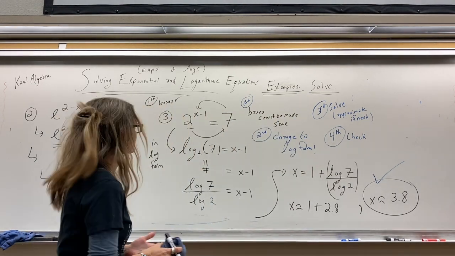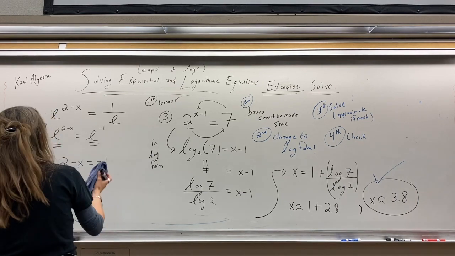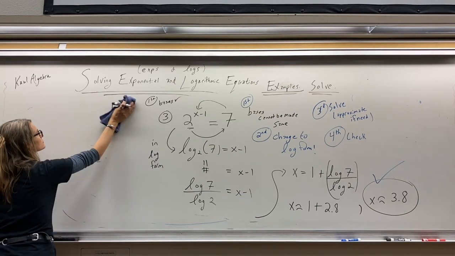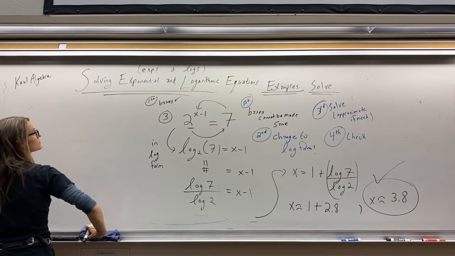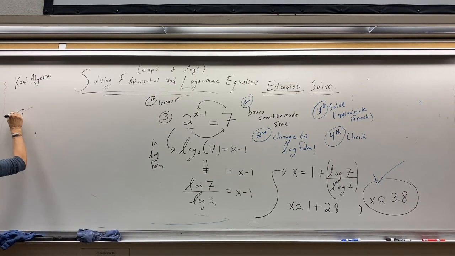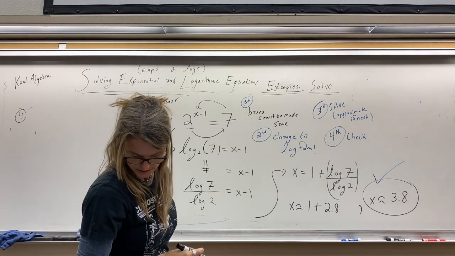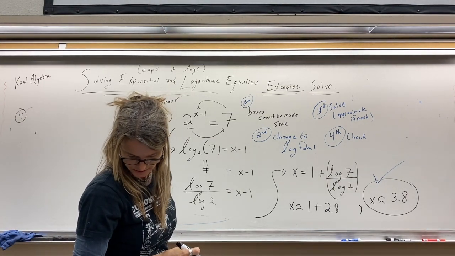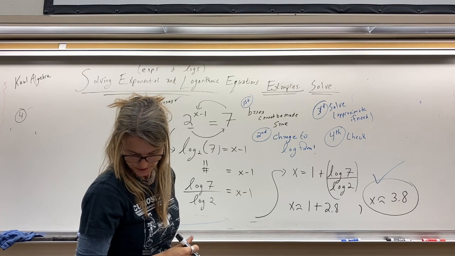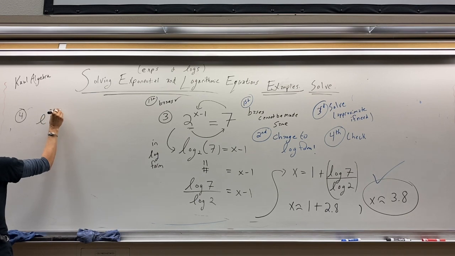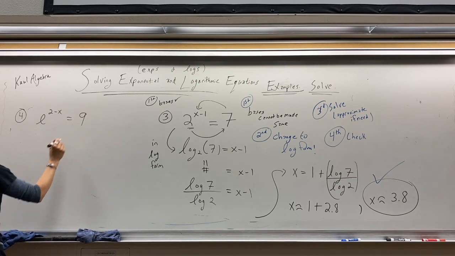Let's try one more with e. So number 4 here. Let's go ahead and solve this problem, which is e to the 2 minus x equals 9.